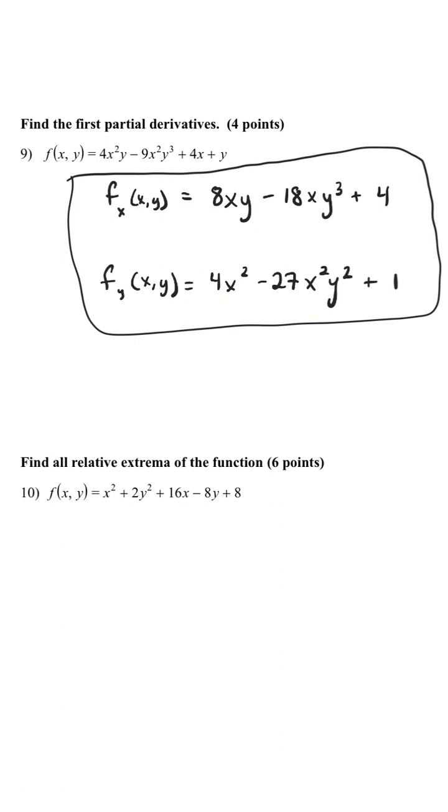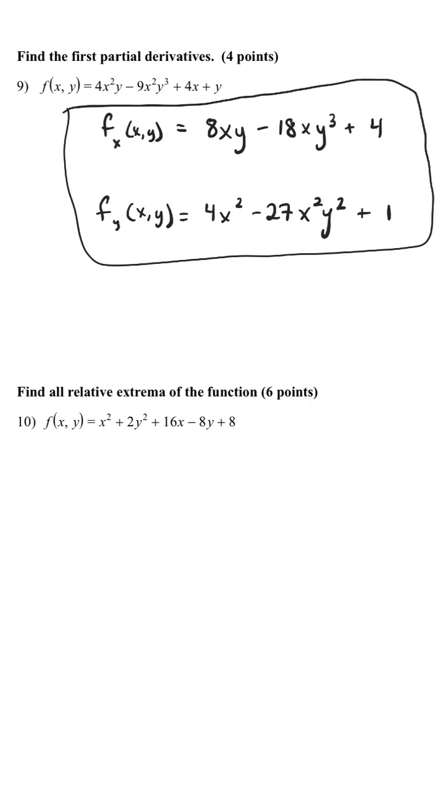Now for question 10, this one is from 7.5. What I talked about in class is I don't want you to worry about memorizing. There were some things to remember in order to successfully solve this. One of them was this value d that will help you determine if your critical point is a relative minimum or a relative maximum.